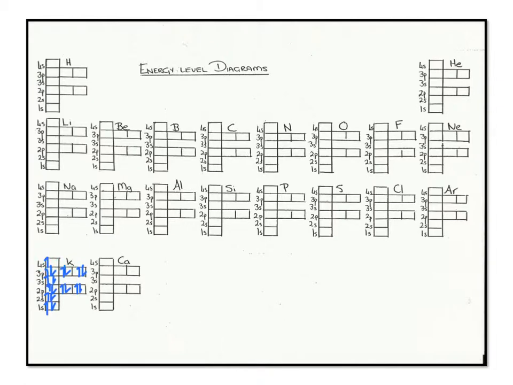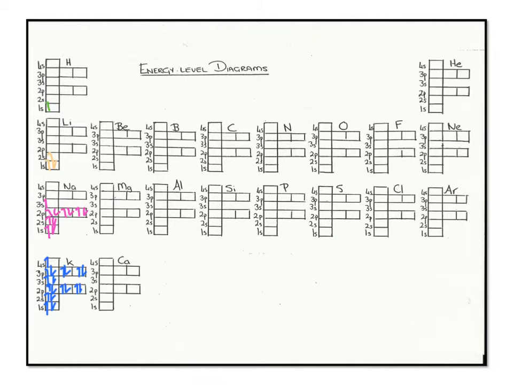If I were to take sodium, it's in the third period, 1, 2, 3, 4, 5, 6, 7, 8, 9, 10. So the second period will be filled, 11. If I then take lithium, I go 1, 2, 3, that's it. The second energy level only has 1 electron in it. If I go on to hydrogen, 1.